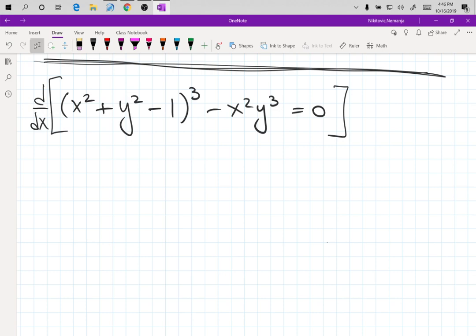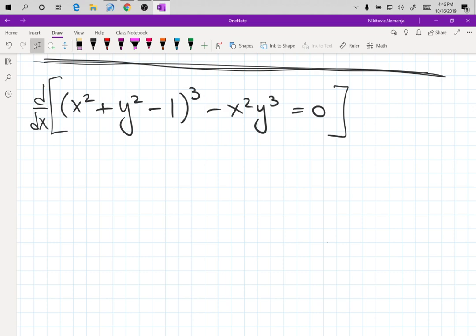So now we distribute this here and here because we have to separate these terms, since one has dy/dx and the other does not. And then we distribute this minus sign to both.